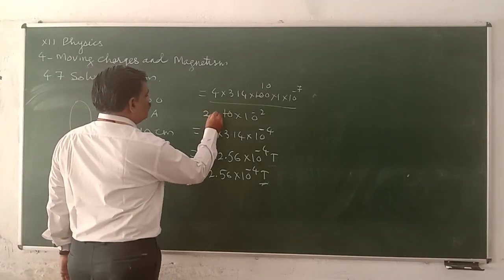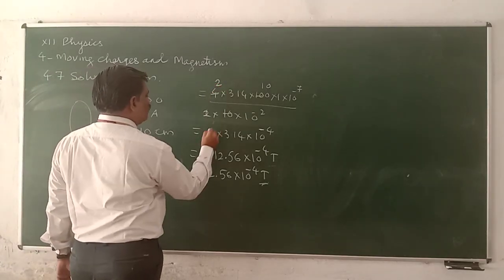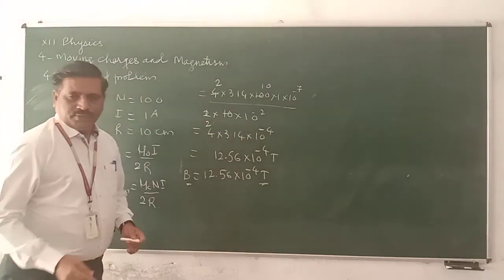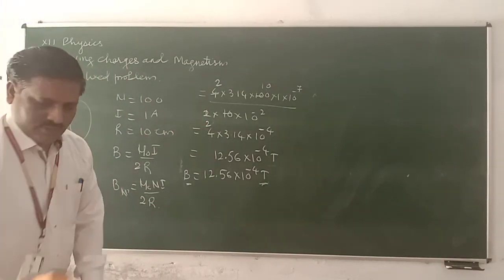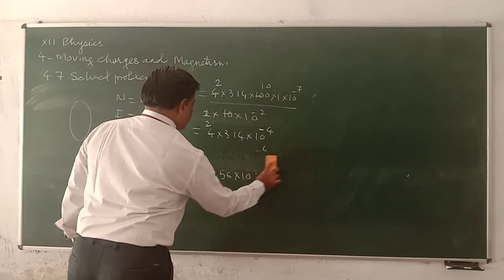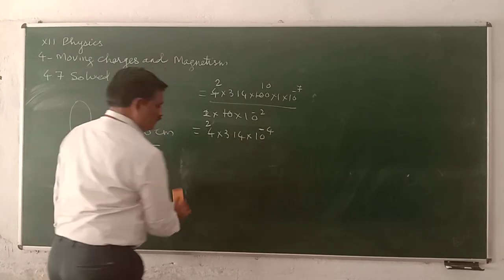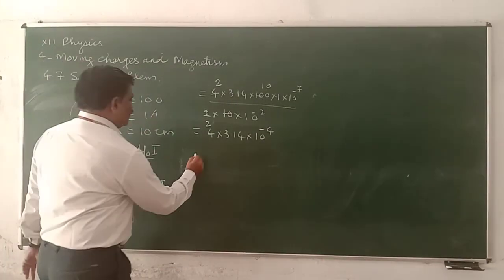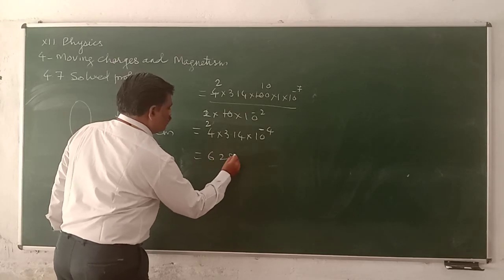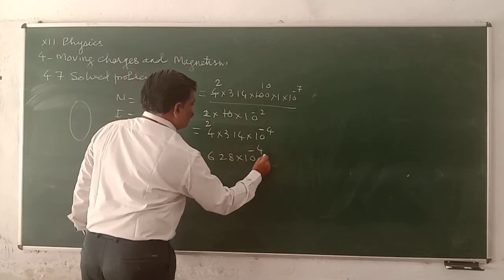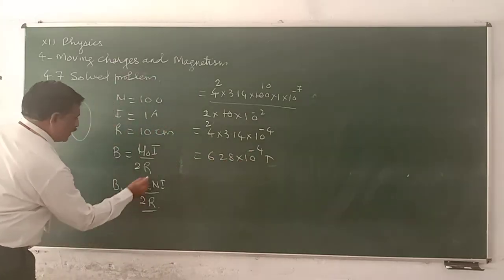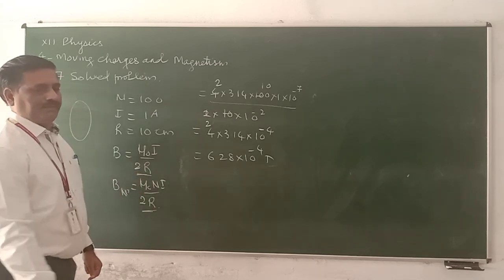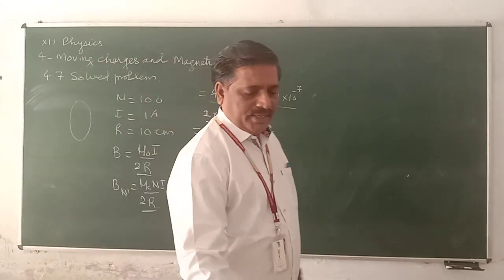So this is into 2, and therefore this answer will become 6.28 into 10 raised to power minus 4 Tesla. Please keep it in mind, this is 2R. That's all for this topic. Thank you.